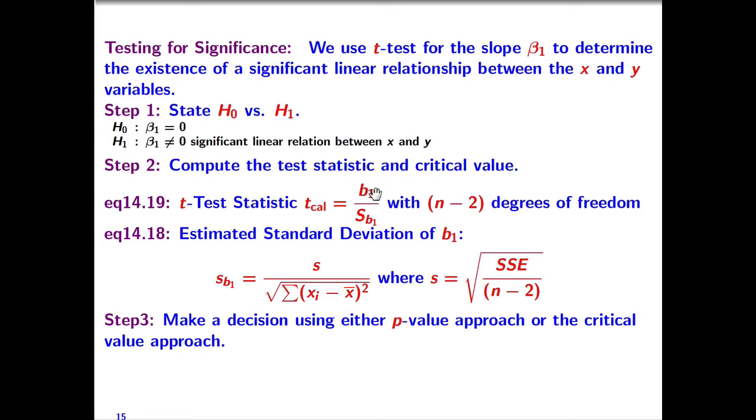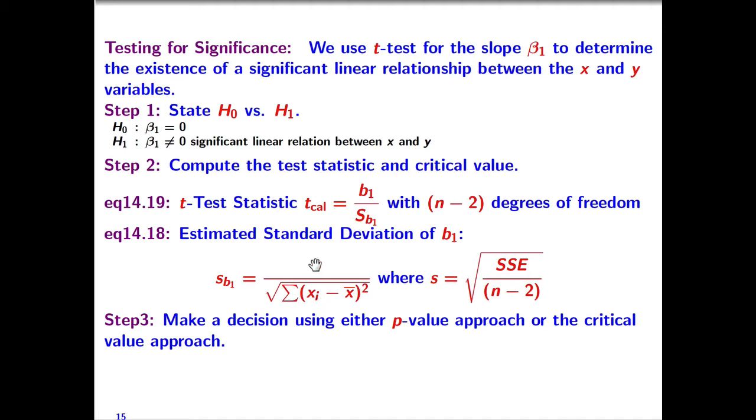Now, b1 is the sample slope, and sb1 is the standard deviation of b1. To find sb1, we use equation 14.18, which is equal to s over the square root of the total sum of squares with respect to x value, and this value will be given. So it's the sum of xi minus x bar square.